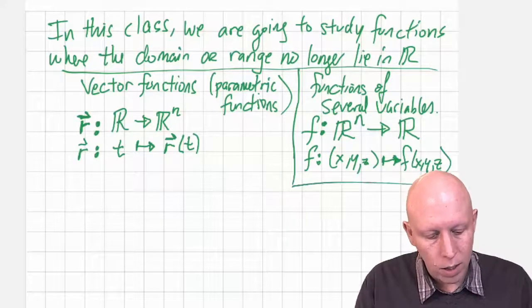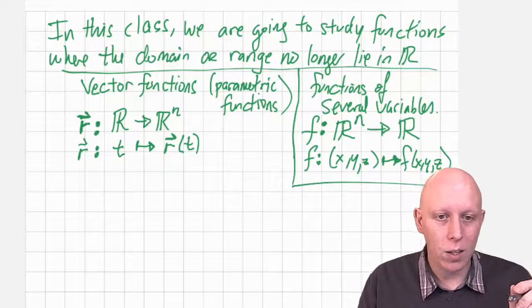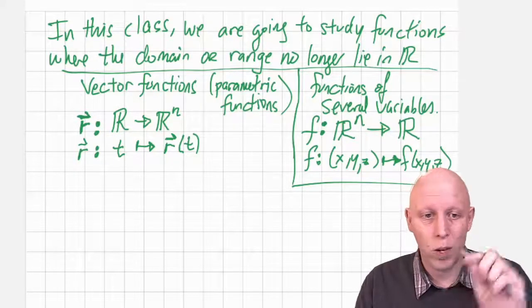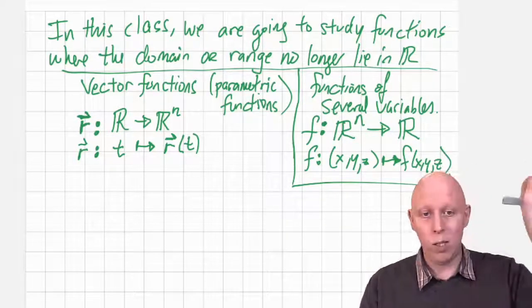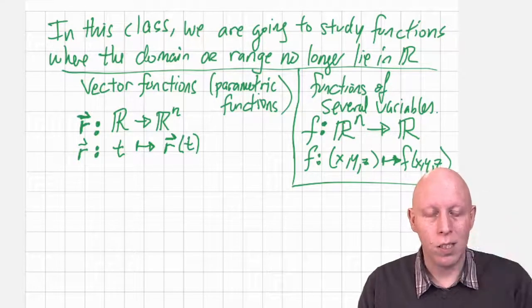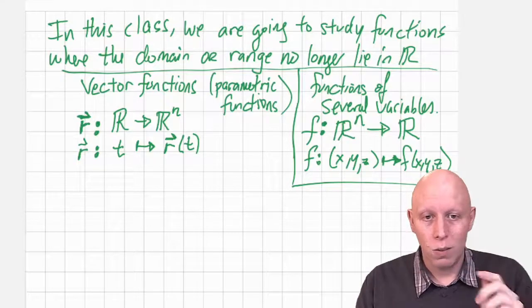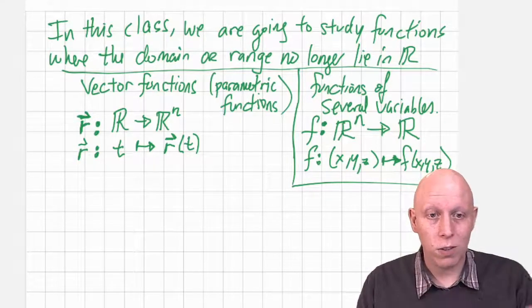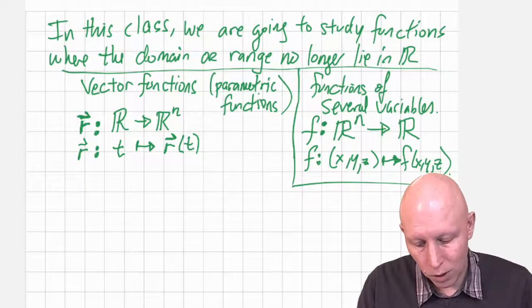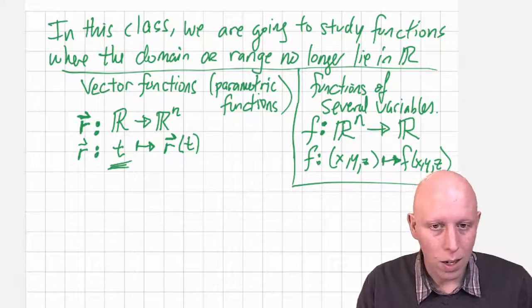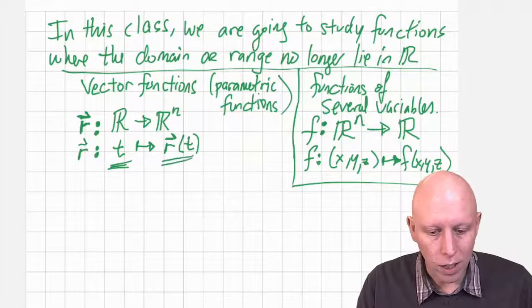In that case, you're choosing a point in 3-space, and the output is a number. But now we're going to be focusing exclusively on vector functions, where we put in a number and out comes a vector.